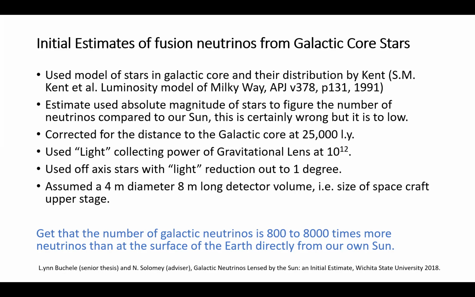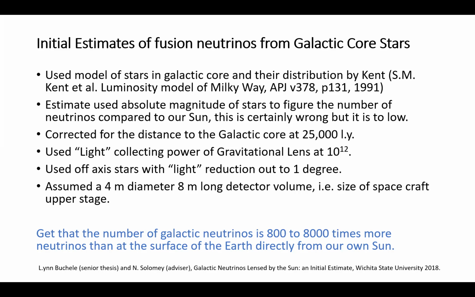We used off-axis stars with light reduction out to 1 degree. And we have to assume the size of a neutrino detector. For now, we assumed the detector would be 4 meters across and 8 meters long. It's a fairly large volume, but it's the size of a spacecraft upper stage fuel tank.